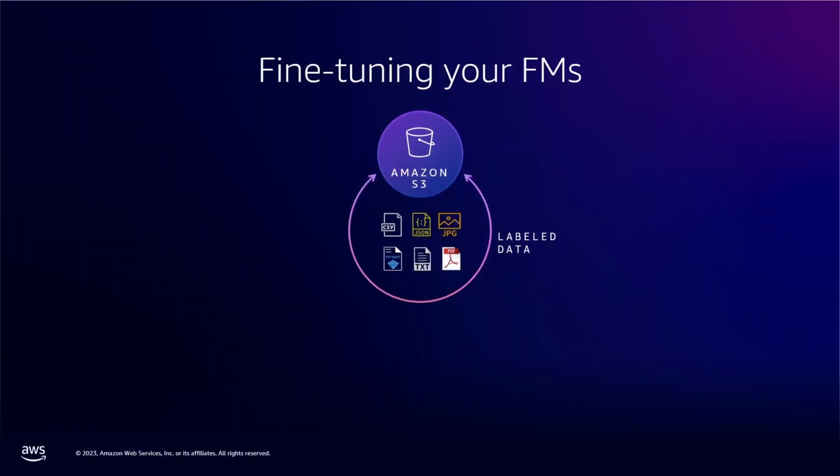Now, RAG is the easiest way to customize model responses with your own data, but customers can also do fine-tuning as well. Fine-tuning an existing FM means that you're customizing the existing FM on your domain-specific data, and that is giving it context on your underlying enterprise.